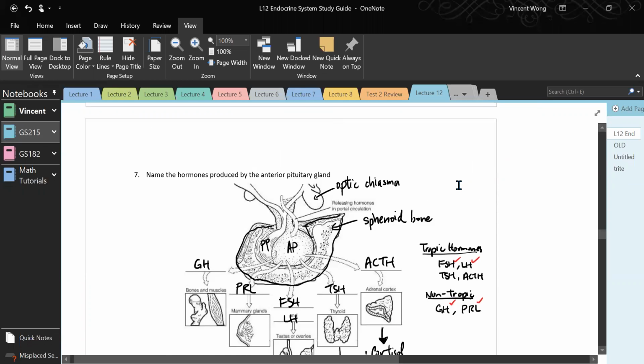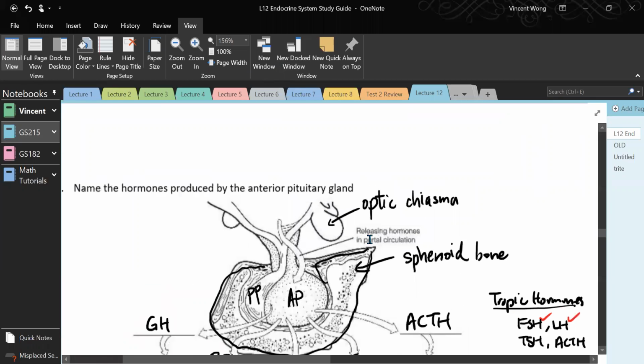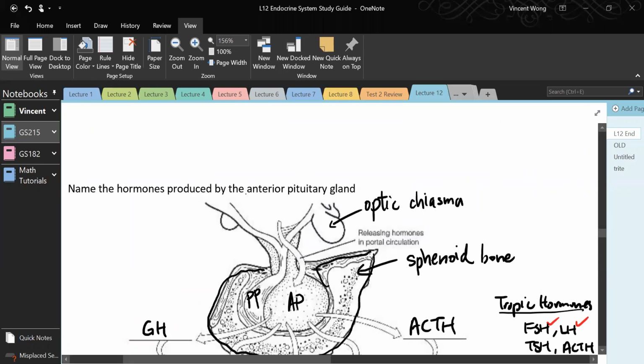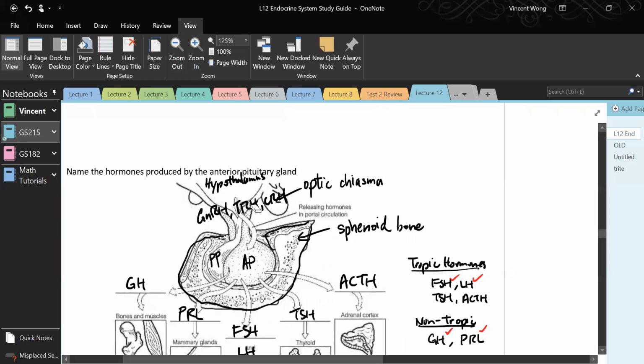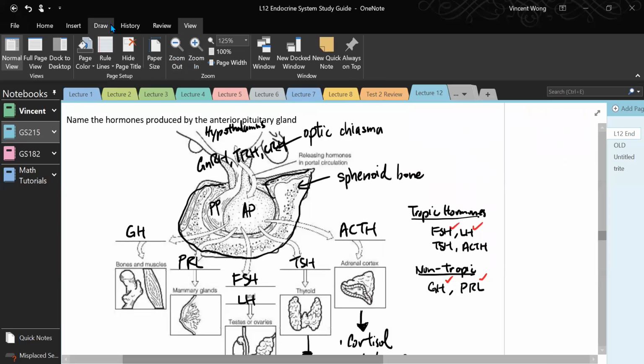Hopefully that's okay. Now, over here, there's another arrow here, right? Like this arrow, right? So this is the hypothalamus. It will release a bunch of releasing hormones, like GnRH, TRH, CRH. And each one of these will trigger a particular thing.